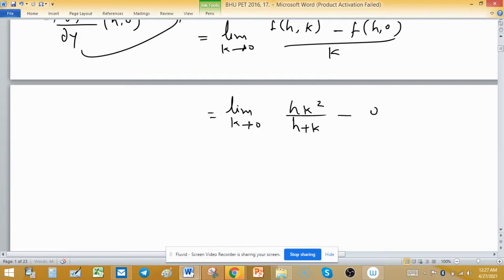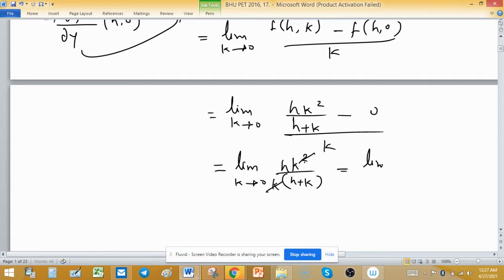If you put 0 in place of the second element, then the entire expression will be 0 divided by k, and this is nothing but limit k tends to 0 of hk square divided by h plus k, and outside you can write k, and k cancels out.